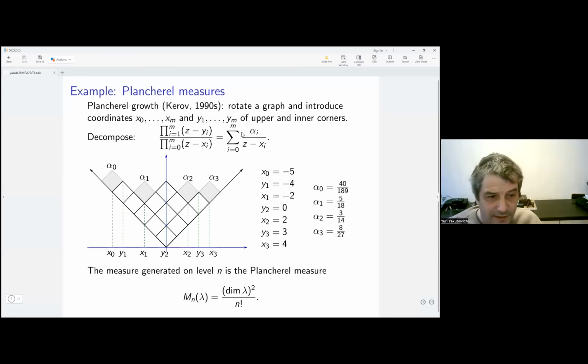Then the left hand side goes to 1, and the right hand side goes to the sum of alphas.